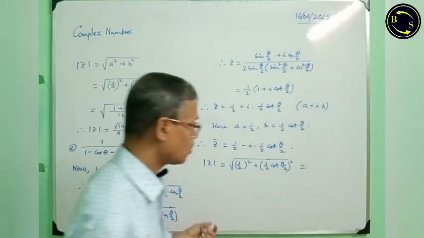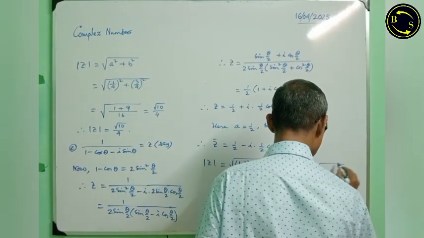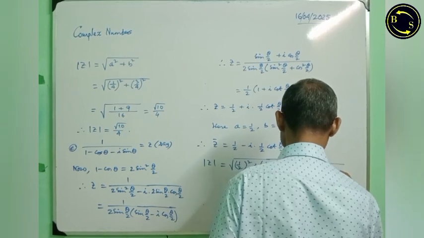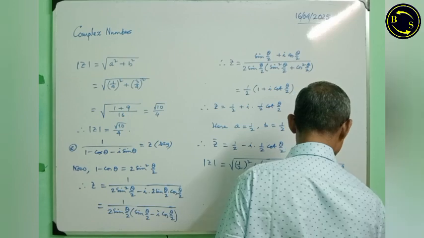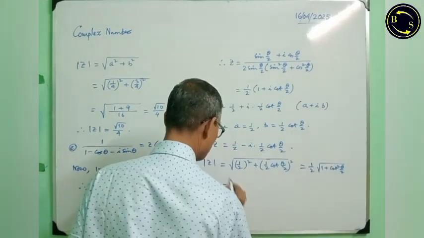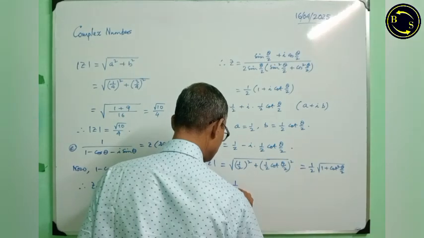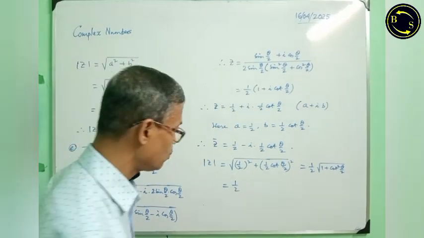One-fourth will be common, that means half, one plus cot square theta by 2, cosec square theta by 2.